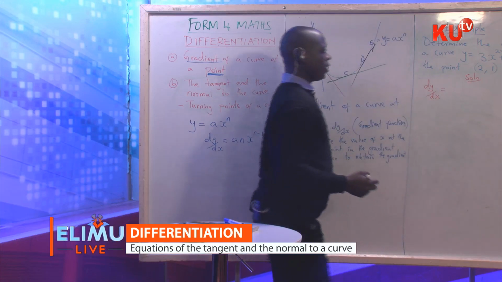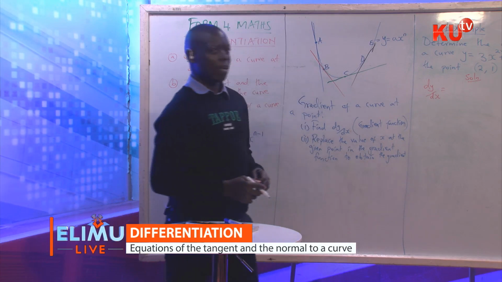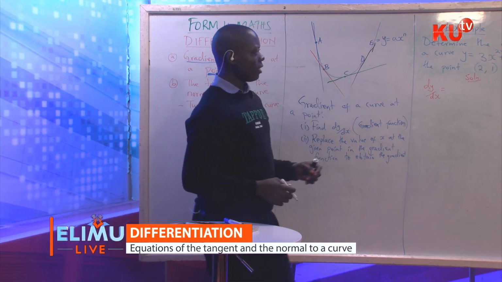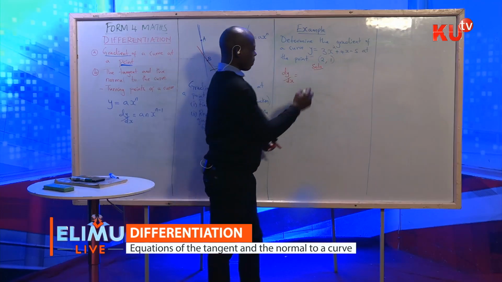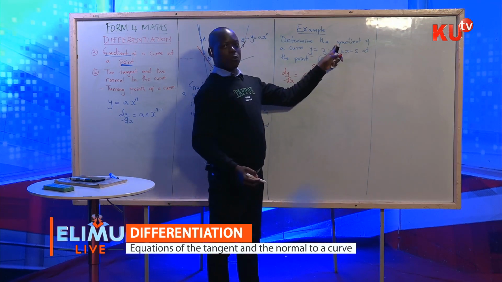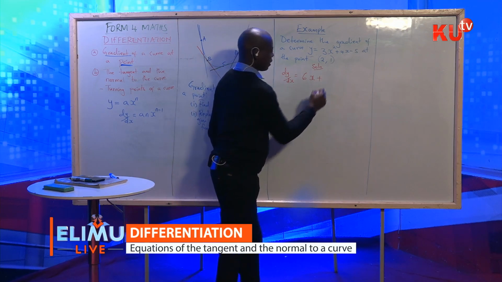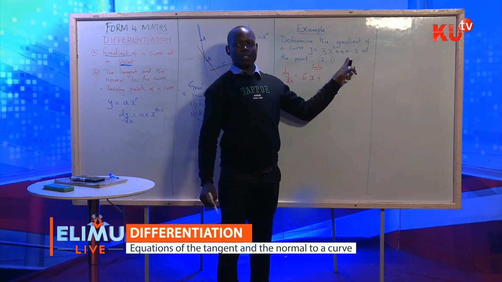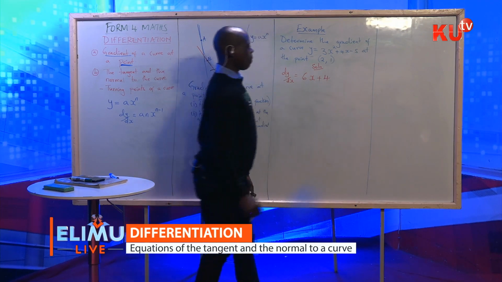Help us differentiate the function y is equals to 3x squared plus 4x minus 5. Yes, the first thing to do, we take 2 times 3, that is 6x. Then we less 1 from the power, so we have power 1, plus, what is the derivative of 4x? Good, the derivative of 4x is 4.